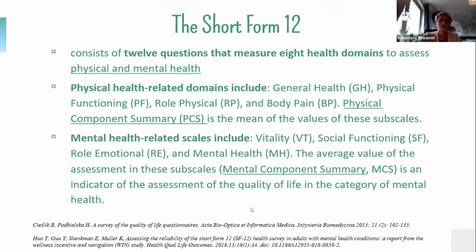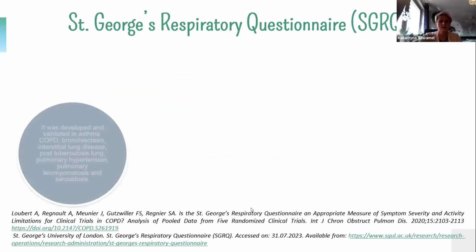In the physical health area there are domains like general health, physical functioning, role physical, and body pain, and in the area of the mental indicator, we see 4 domains: vitality, social functioning, role emotional, and mental health.